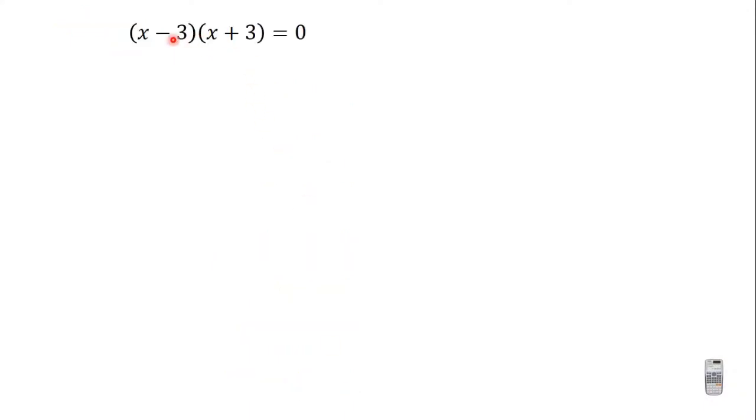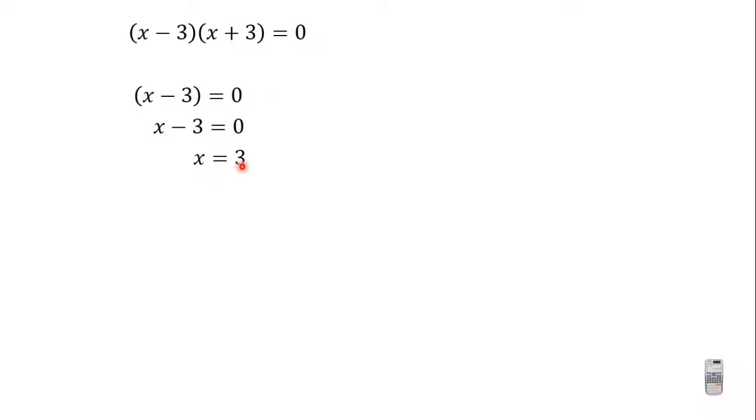So we have x minus 3 in one bracket, x plus 3 in the other bracket is equal to 0. To find x, we will equate the first expression here to 0, then we find x for that. Then we will equate the second expression to 0, then we will find x for that one also. So the first one, we have x minus 3 is equal to 0.